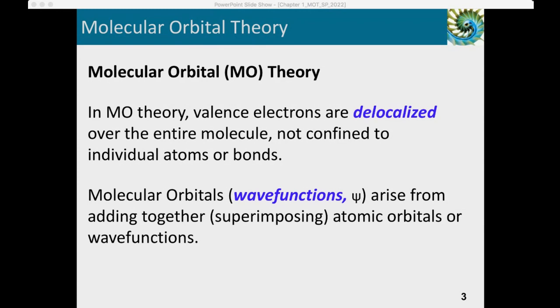Now, I started last class explaining how can we build molecular orbitals? Where are these orbitals coming from? How can we quantify them? So molecular orbitals arise from adding together atomic or hybrid orbitals. And remember how we said that electrons have wave-like properties and how we said that orbitals are simply wave functions, right? So we talk about finding electrons in orbitals. We talk about probability density. That's what we refer to.